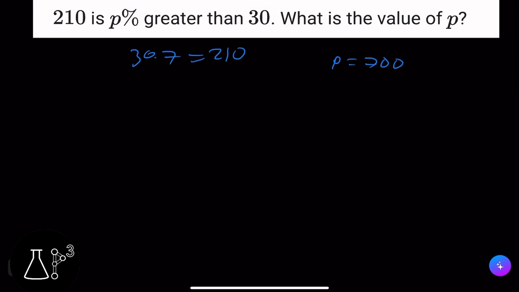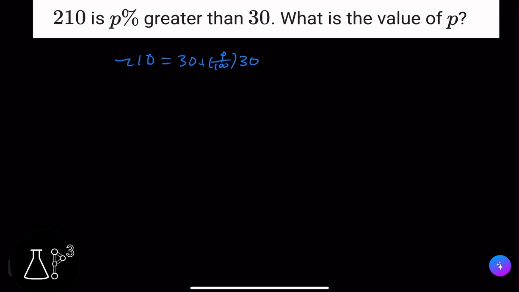Wrong. Notice how it says greater, right? So it's what we've been doing in the previous questions. If it didn't say greater, it would be that 210 is 700% of 30. But because it's saying that 210 is p% greater than 30, we had to use that formula that we created beforehand. So it would be 210 equals 30 plus p divided by 100, multiplied by 30.